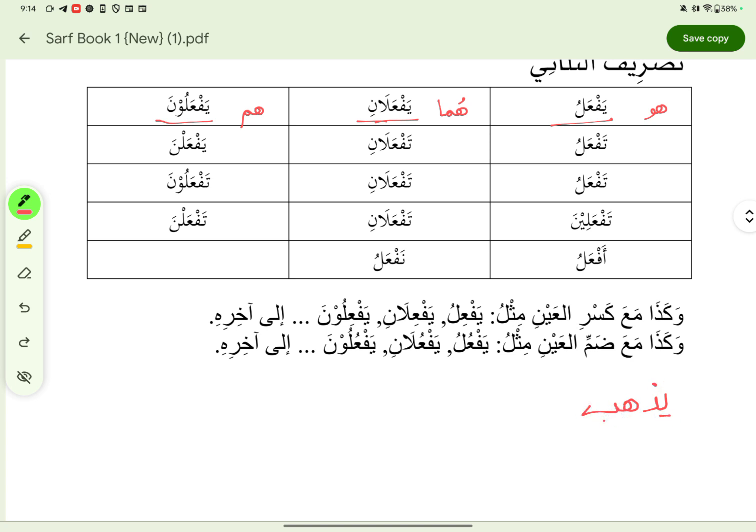As we learned, yadhhab means go. He goes. So if I say huwa yadhhabu, and then I make a sentence: huwa yadhhabu ila al-masjid.